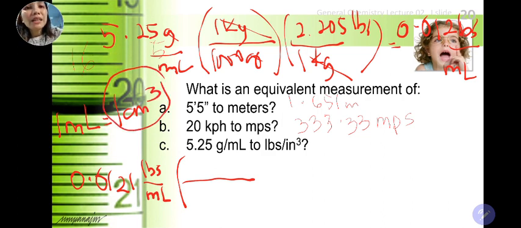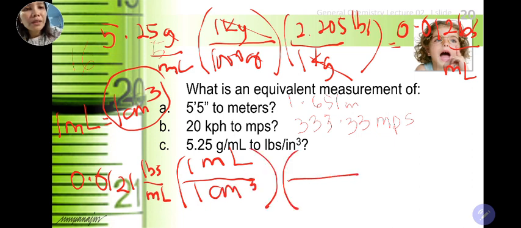So, yan yung gagamitin natin first. 1 ml is equal to 1 centimeter cube. Okay? So, yung inches natin, centimeter to inches.